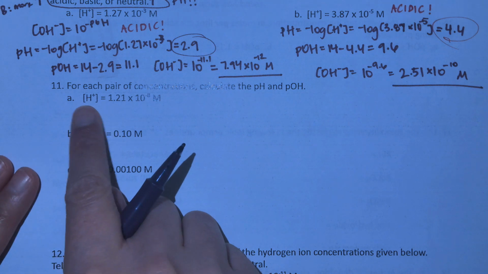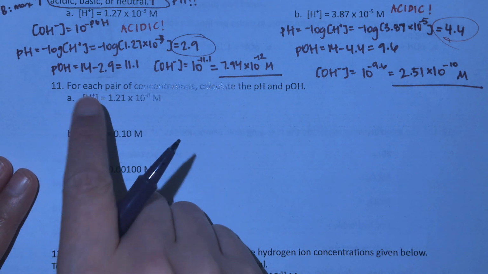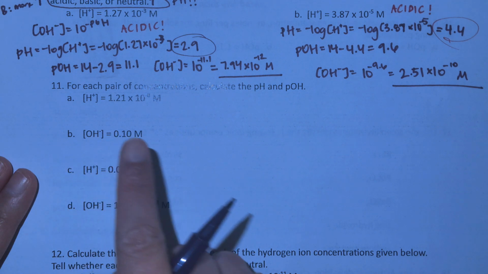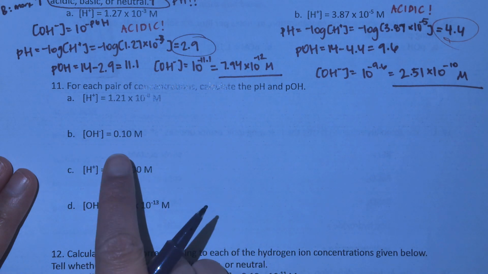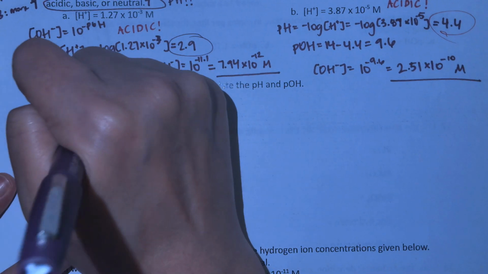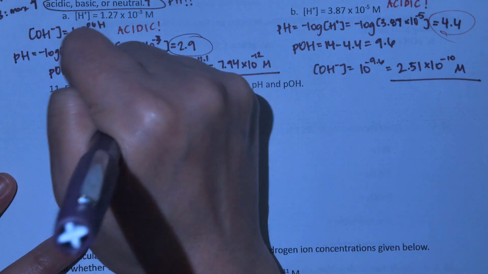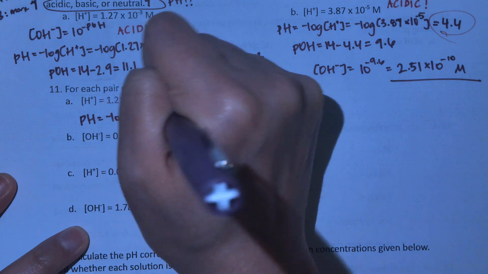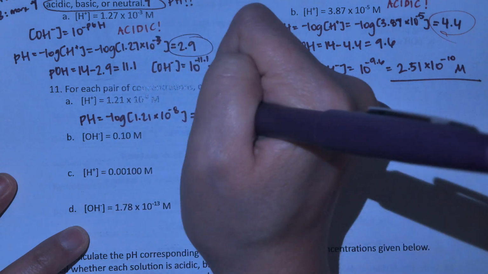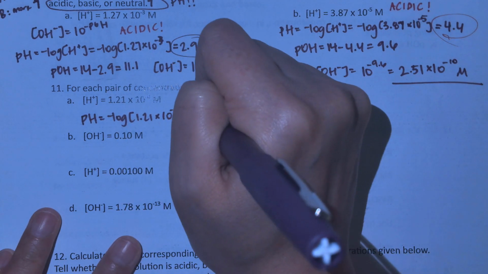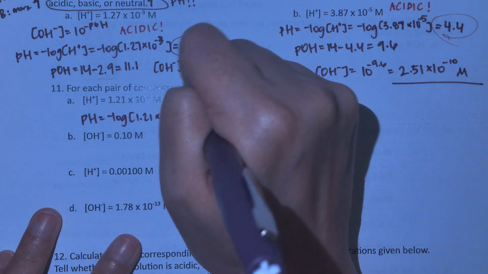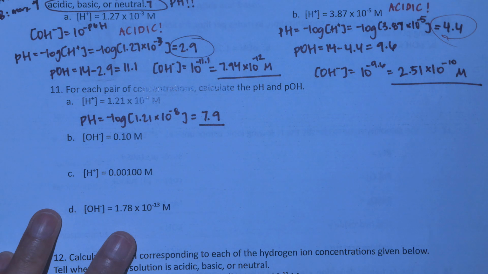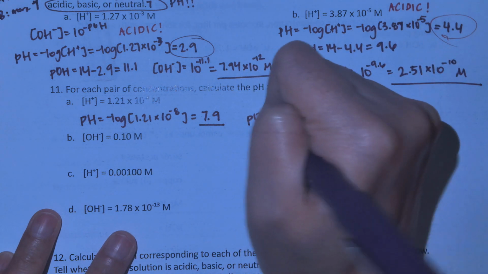So okay, since you have H here, again, H corresponds with pH, so you find pH first. OH corresponds with pOH, you solve for pOH first, and then you subtract 14. So, pH equals negative log of 1.21 times 10 to negative 8. You should get 7.9. That's part of it. And how do you find pOH?